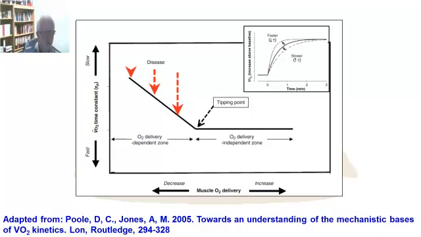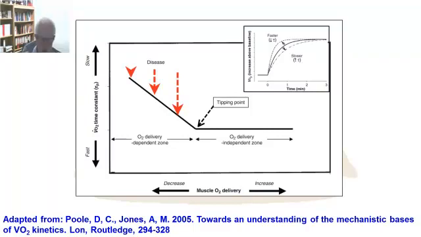I'm not going to dwell on this particularly, but one of the things that Andy Jones and Dave Poole talk about is this idea of a tipping point, that we have an O2 delivery dependent zone and then an O2 delivery independent zone. And in the diseased state, we are really having an issue with O2 delivery.